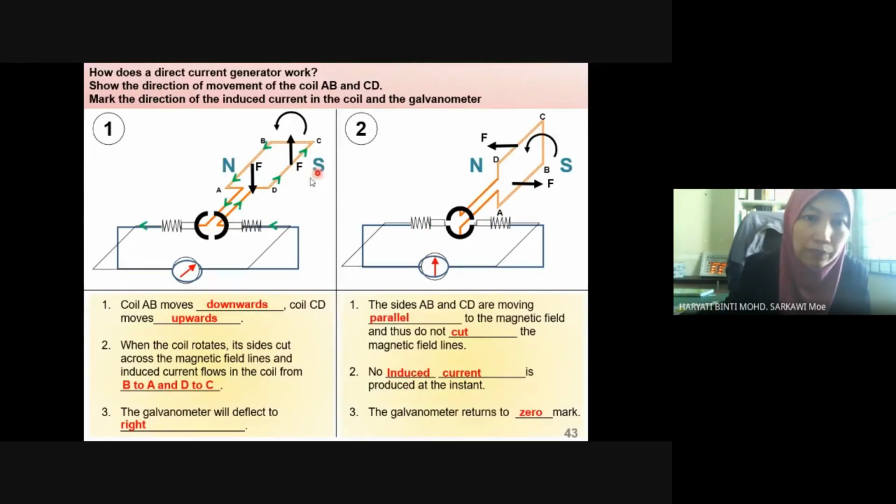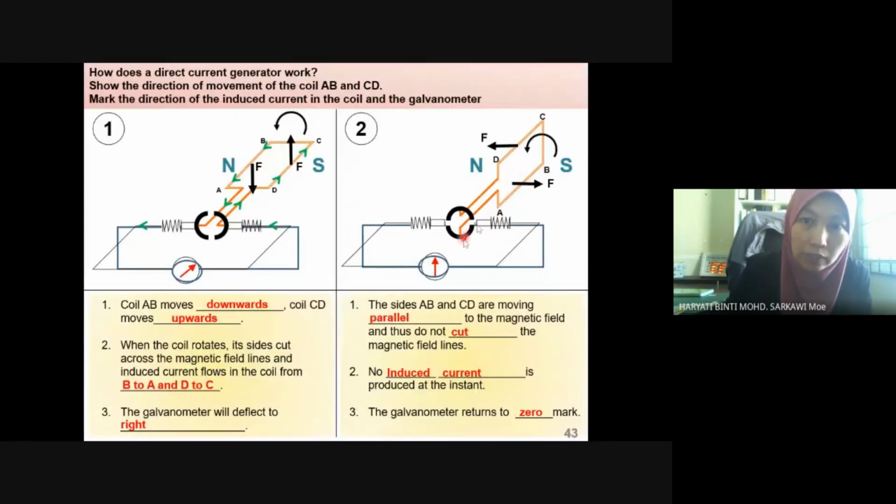So you see, we call this coil the armature. Whenever the position of the coil or armature is like this, the cutting of the magnetic flux is maximum. And whenever the position of the armature is vertical like this, the cutting of the magnetic flux is 0.